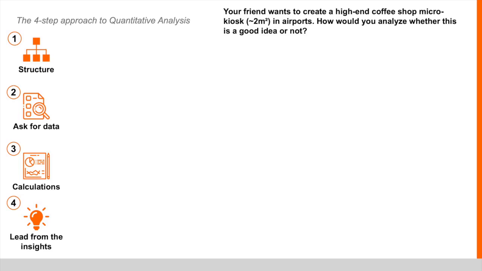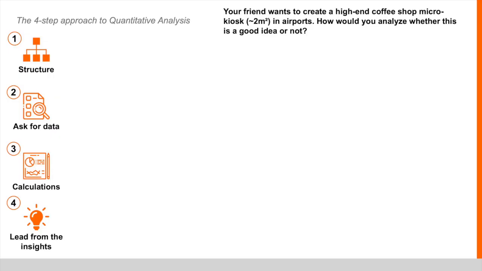And then let's say you answer with your framework for this question, which I'm not going to get into because I don't want to go into the framework question. But then you get the following data. Let's say that the price per coffee cup is $3.75. The total costs per cup of coffee for the micro kiosks is $1.